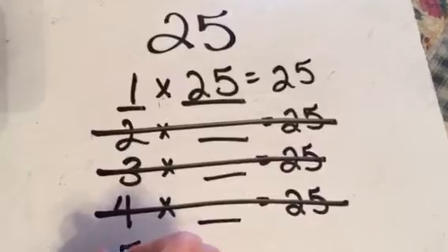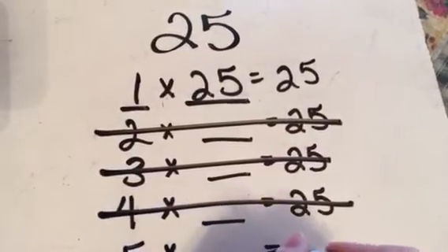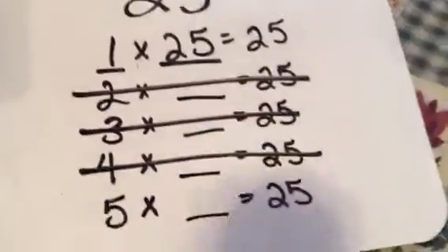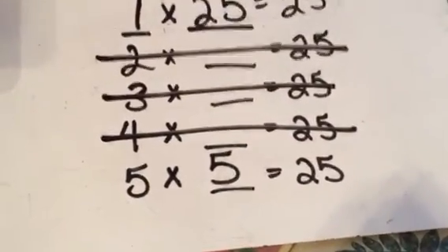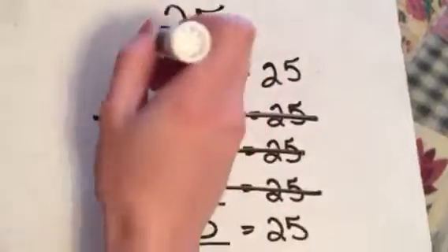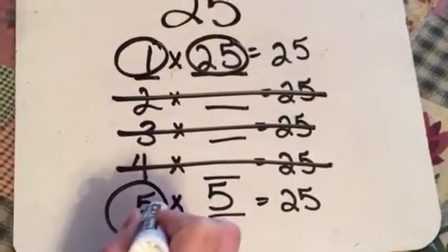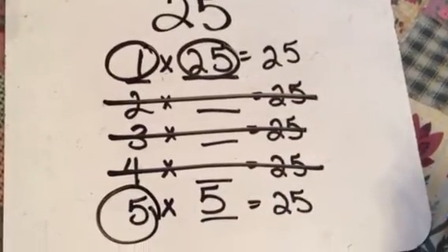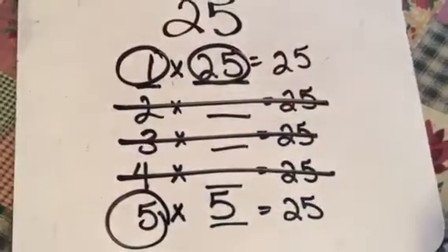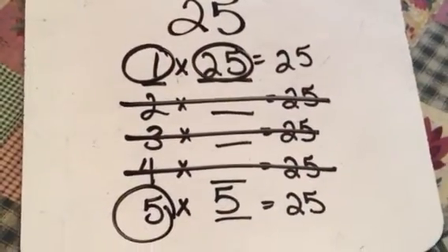Nope. And 5. We got 5 times 5 would be 25. So our factors of 25 are going to be 1, 25, and 5. The reason I'm not circling the other 5 is it's the exact same number. Now, this has more factors than just 1 and itself, so it is composite like our example of 32.